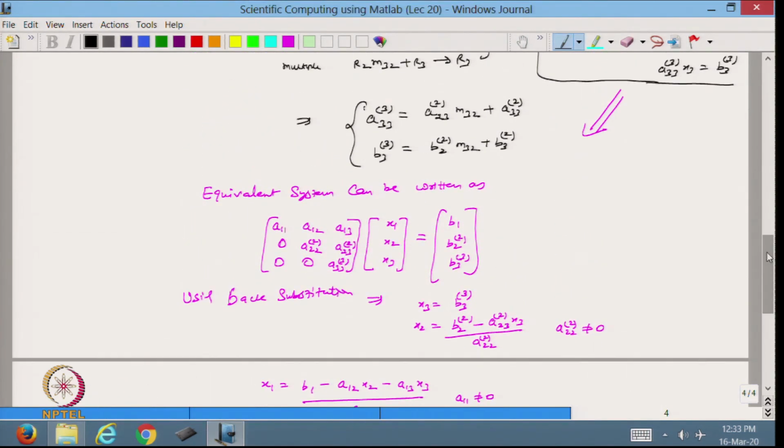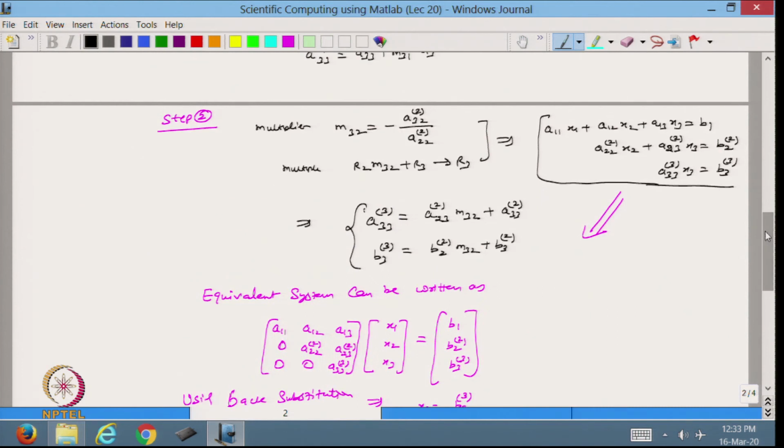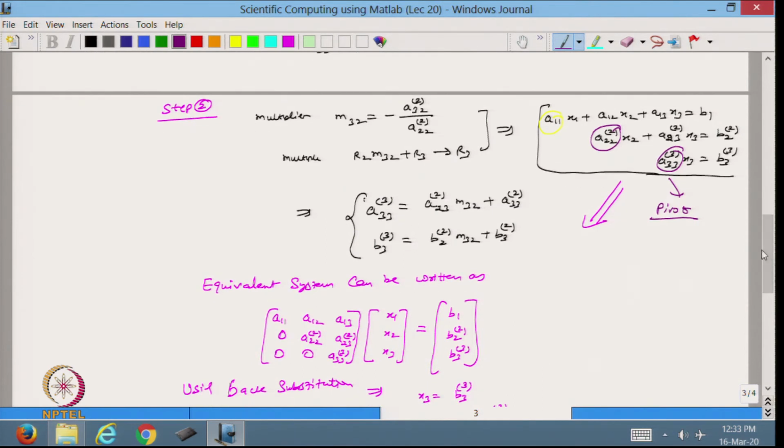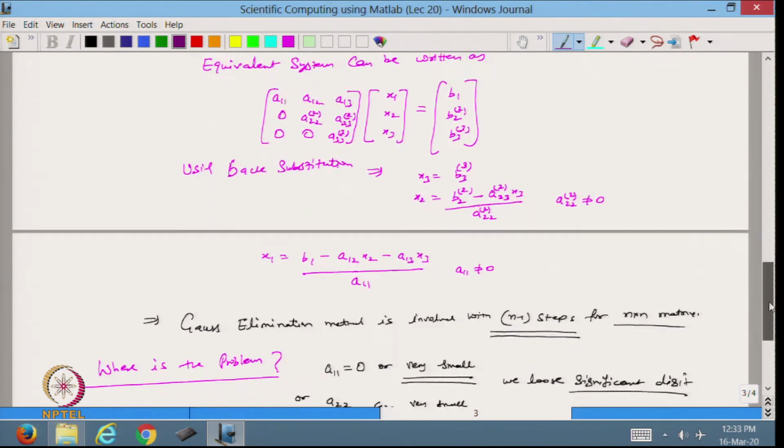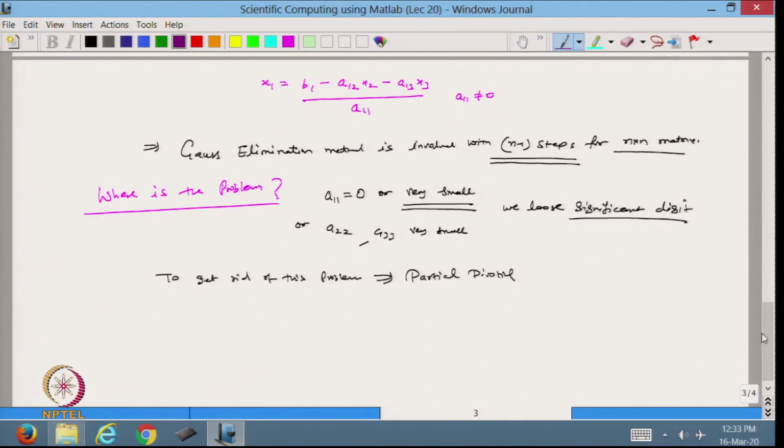In the previous slide, these elements, this element, maybe this element and this element, are called pivots. Pivot means it is a very important element. Now we have to deal with how we can remove this difficulty when the elements at the diagonal are very small in number. That can be done with the help of partial pivoting. So, what is partial pivoting?